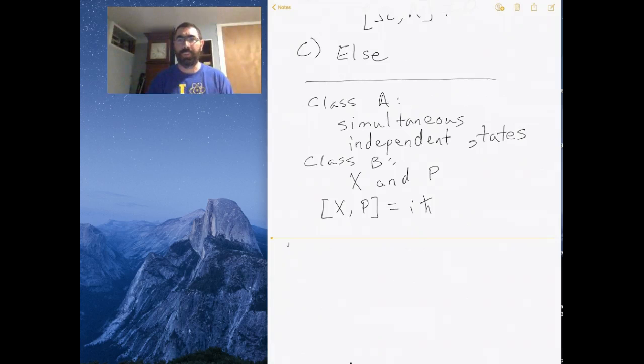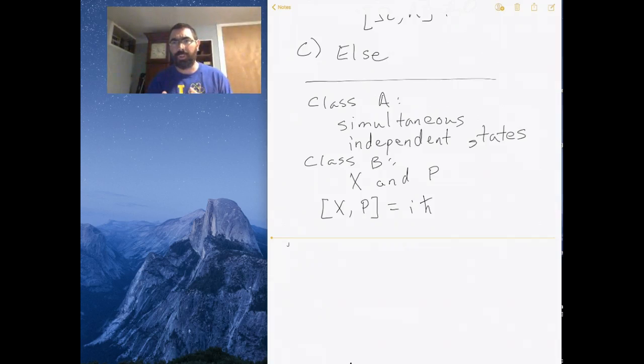If we have a variable that is compatible with the Hamiltonian, we'll show later on that that variable is going to be a conserved quantity. If the momentum is compatible with the Hamiltonian, we'll have conservation of momentum. If the energy is compatible with the Hamiltonian, then the energy will be conserved.